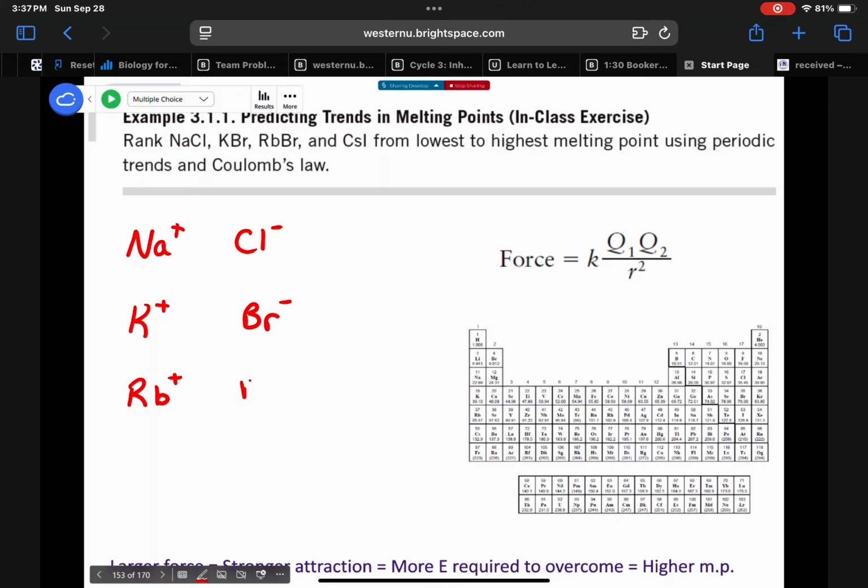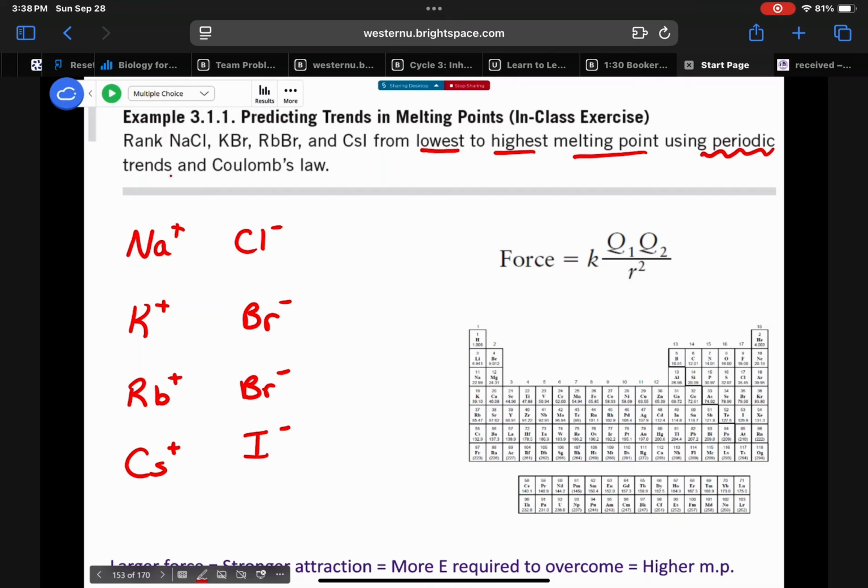That iClicker question directly brings us into this important example. In this question, we need to not just identify the compound that has the highest melting point, but we want to rank them from lowest to highest melting point. And we can do that not by memorizing all their melting points, but using periodic table trends and Coulomb's law.